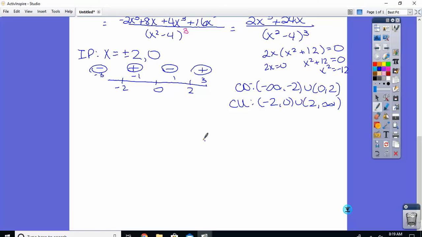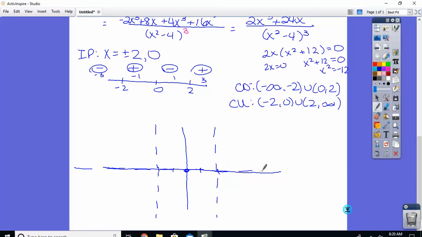So now if we plot everything, going back, we knew we had x and y intercepts were both at 0. We had vertical asymptotes at +2 and -2. Where was the horizontal asymptote? At 0.